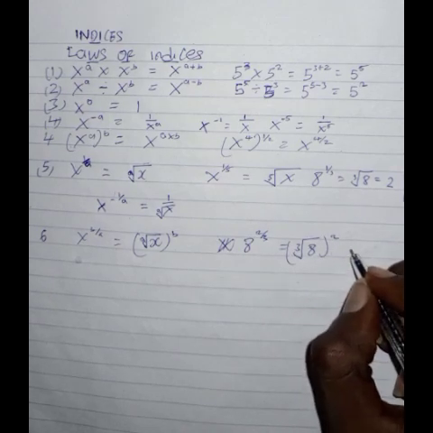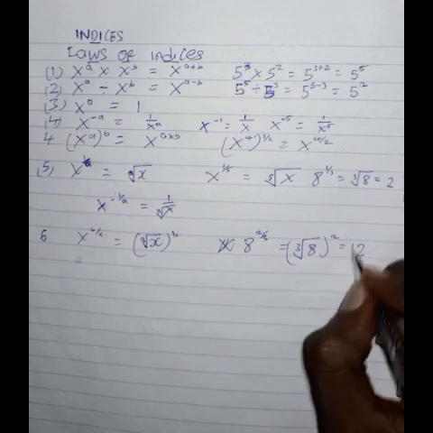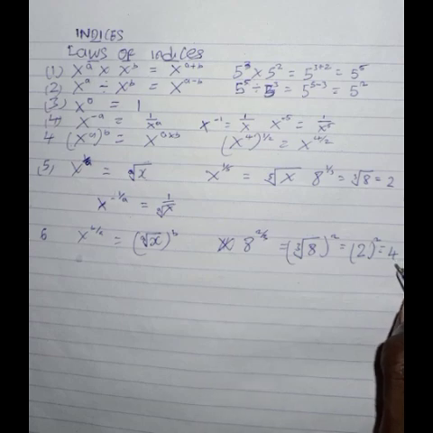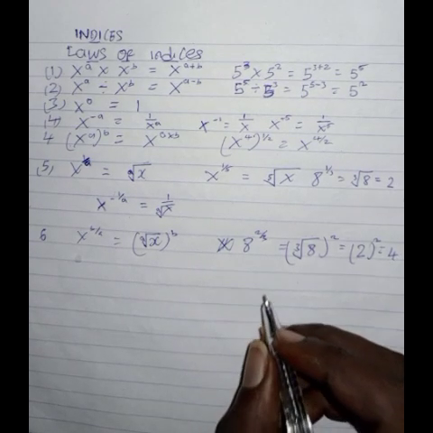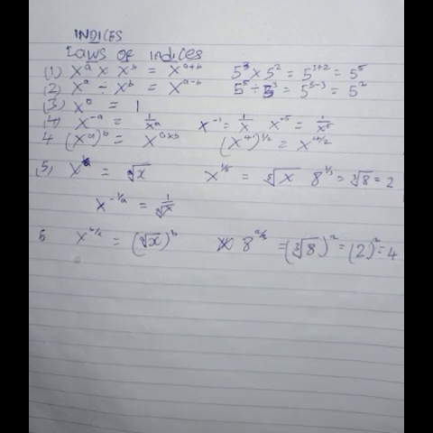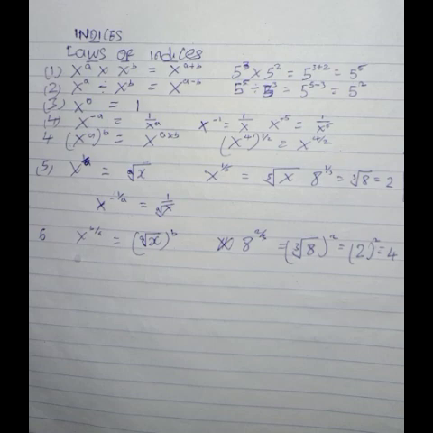And what is the cube root of 8? We have established that it is 2. So the cube root of 8 is equal to 2, and then the power, which is equal to 4. So my final answer is equal to 4. The numerator is the power, the denominator is the roots. I hope that is clear.